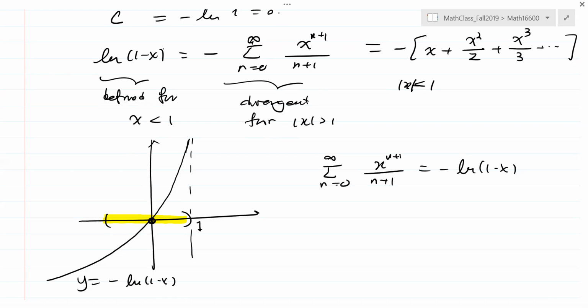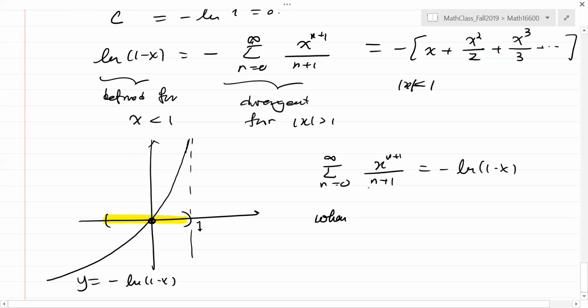When x equals negative 1, what do I get? The left-hand side is still convergent.